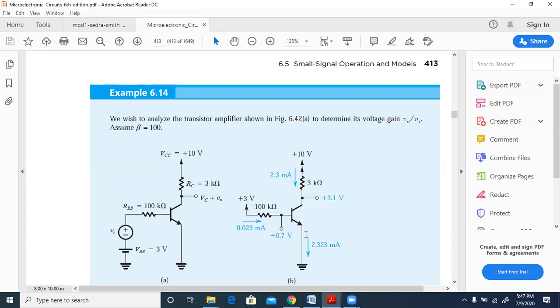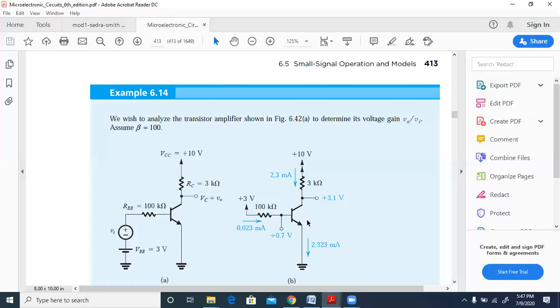The VCE sat value is generally considered to be somewhere around 0.3 volts. So if this value is more than 0.3 volts and this is forward biased, we say that this transistor is in active mode or active region.